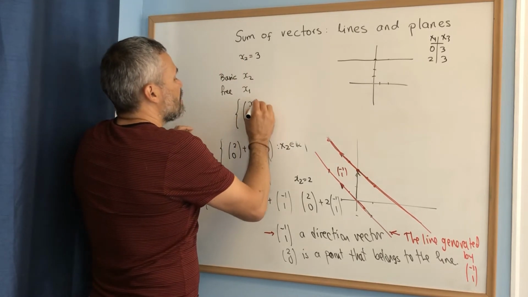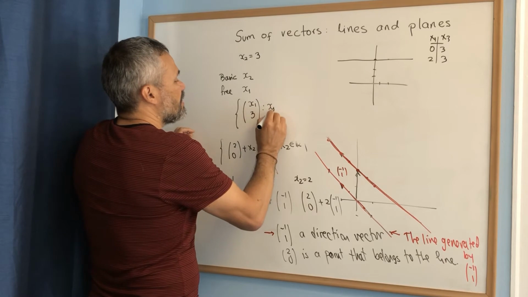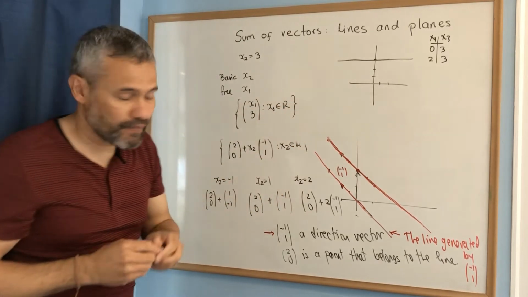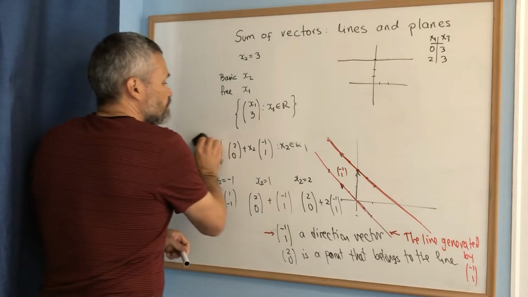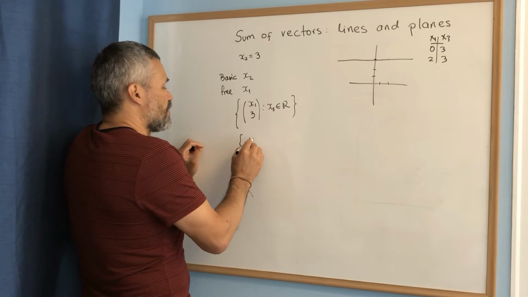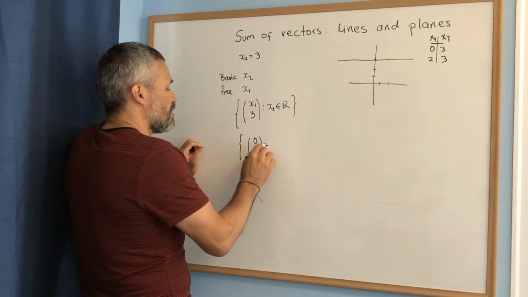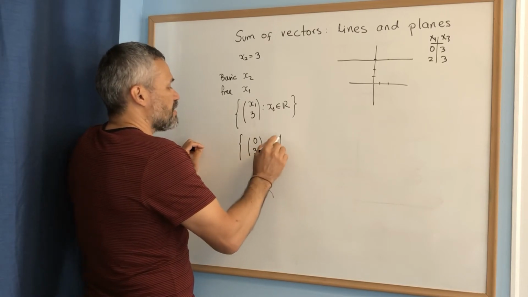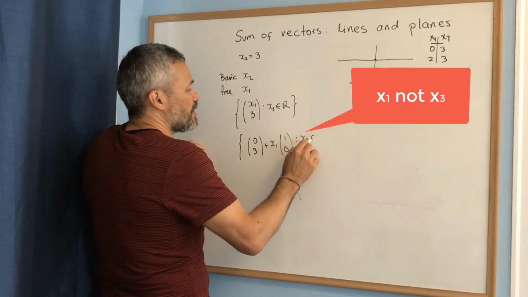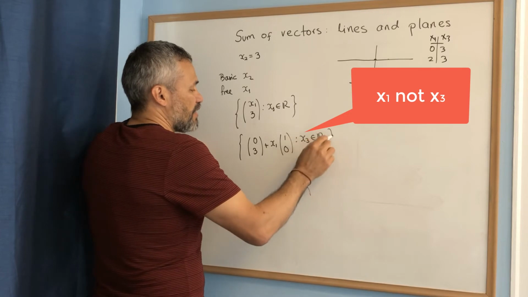Then I have (x1, 3) such that x1 is a real number. We can write this as (0, 3) plus x1 times (1, 0), such that x1 is a real number.